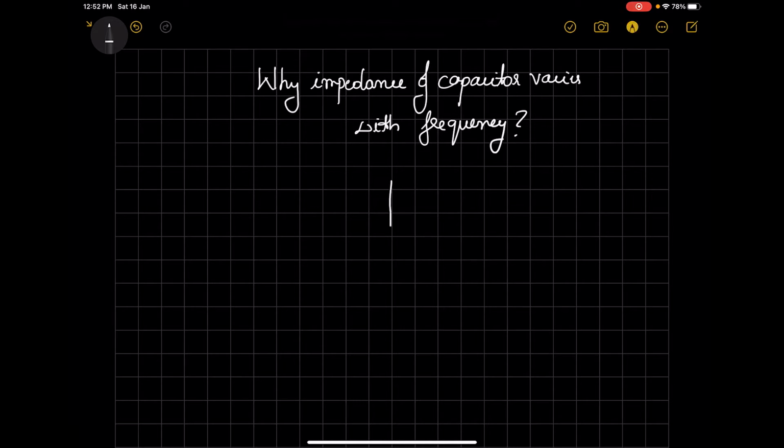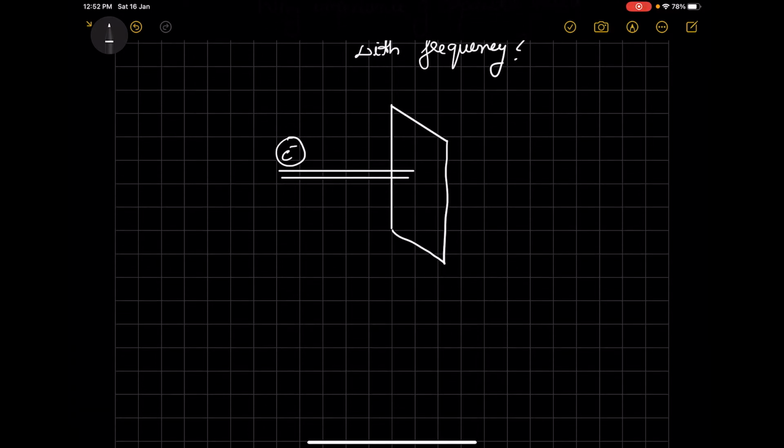Let's take a plate of a capacitor and try to analyze what happens with different AC frequencies. So this is one of the plate of the capacitor. These are the electrons sitting in the wire, and now assume you have a low frequency signal.